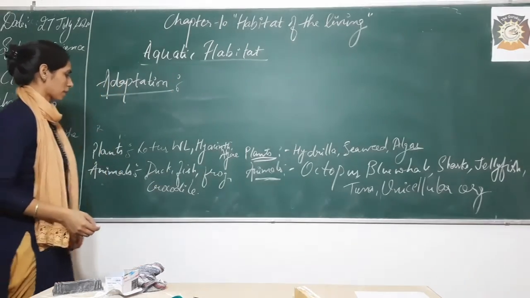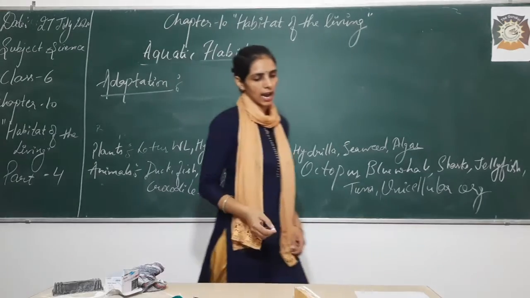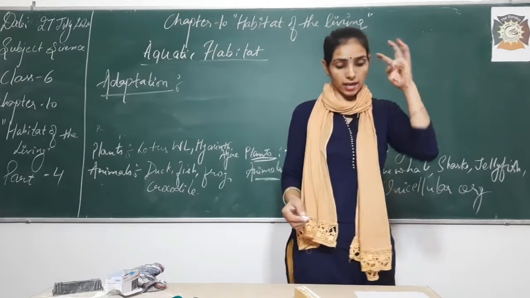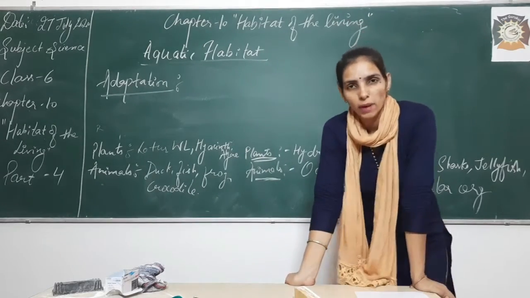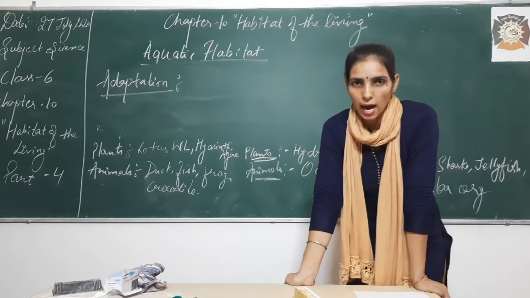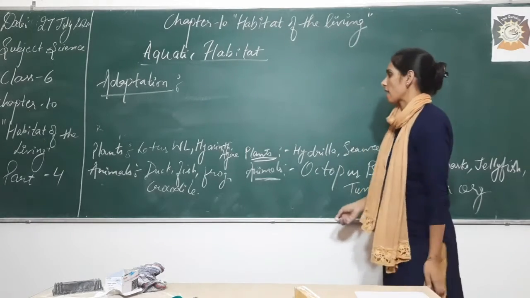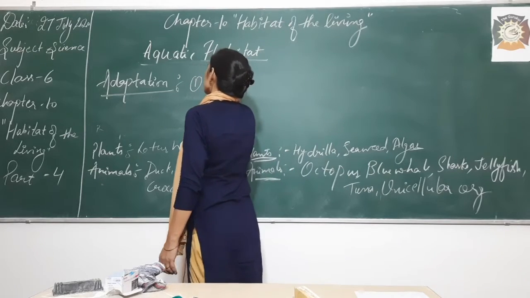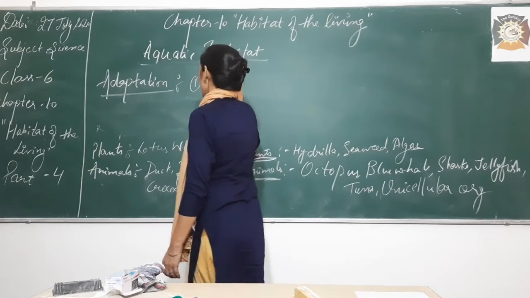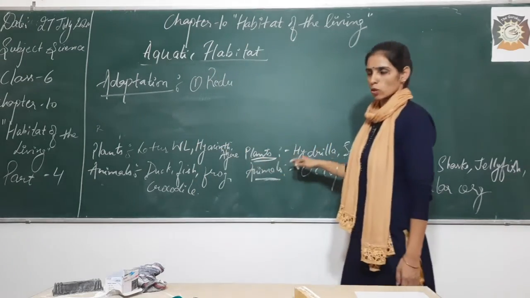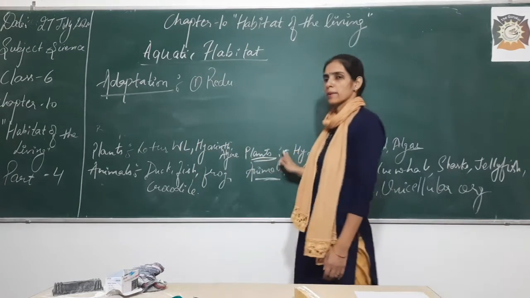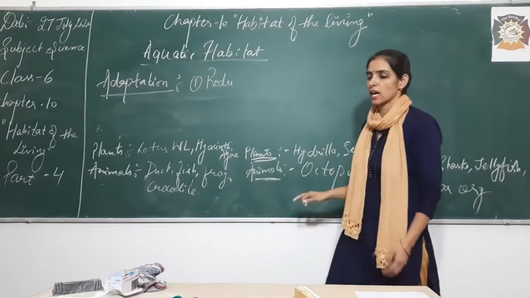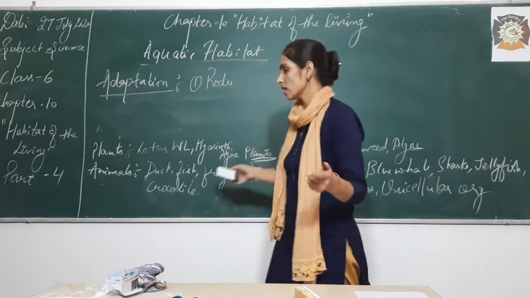What could be the adaptations of the plants surviving in aquatic habitat? What will they have? Firstly, they should have reduced roots. Now I am combining both the plants and the animals of aquatic habitat, and I'll discuss the adaptations in general.